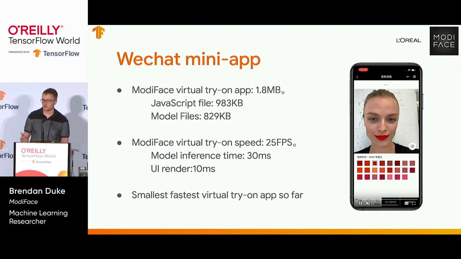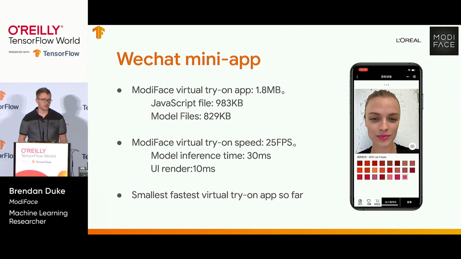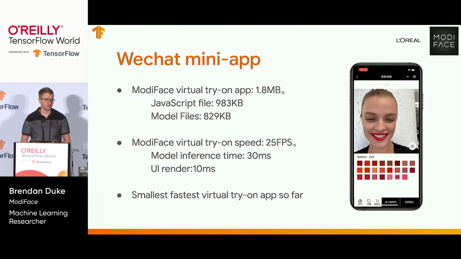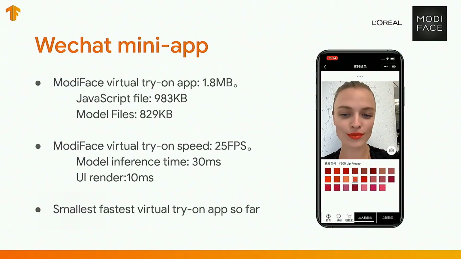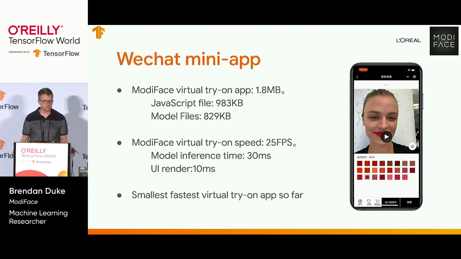So now I'd like to share with you some of our results. With the help of TensorFlow.js, we were able to successfully deploy to WeChat our easy-to-use real-time system for realistic AR virtual try-on of makeup. Our entire final solution fit into about 1.8 megabytes, including the code and our models.